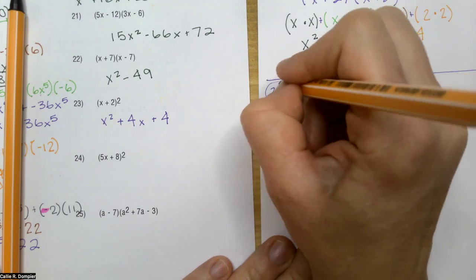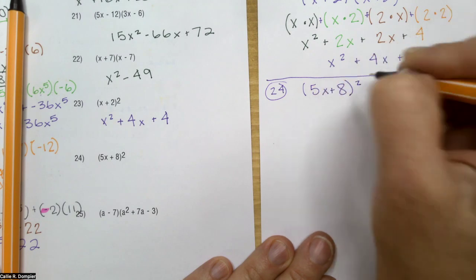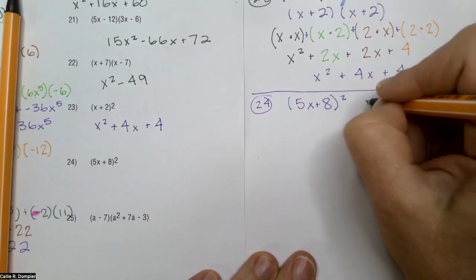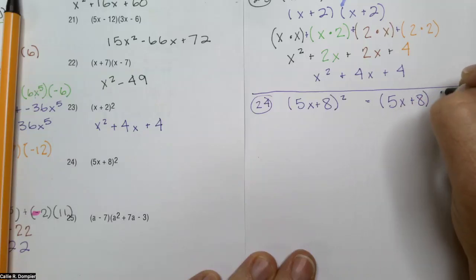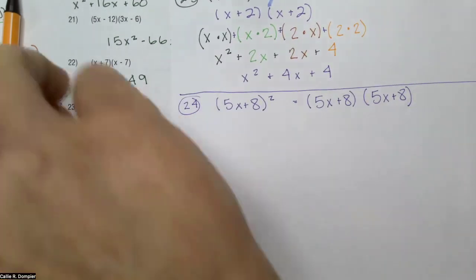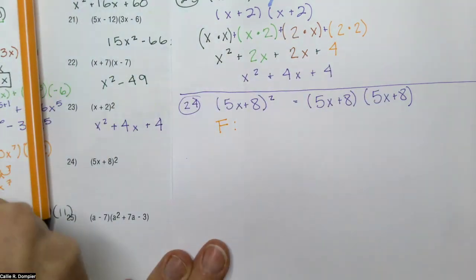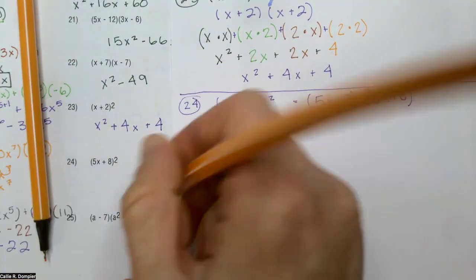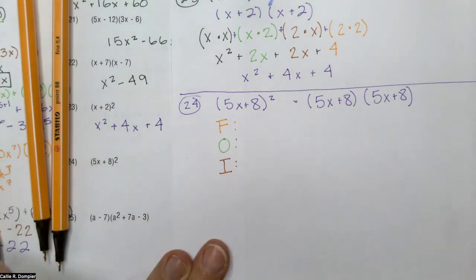We have 5x plus 8 squared. So that's going to become 5x plus 8 times 5x plus 8. FOIL: first, outside, inside, last.